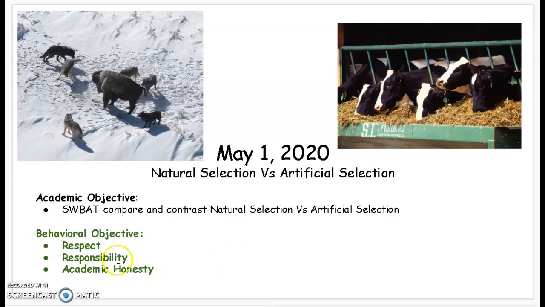Behavior objective stays the same: show respect by following instructions, responsibility by doing your work appropriately, and academic honesty. Academic honesty is still a very important behavior objective. Most of the answers should be present in the video.